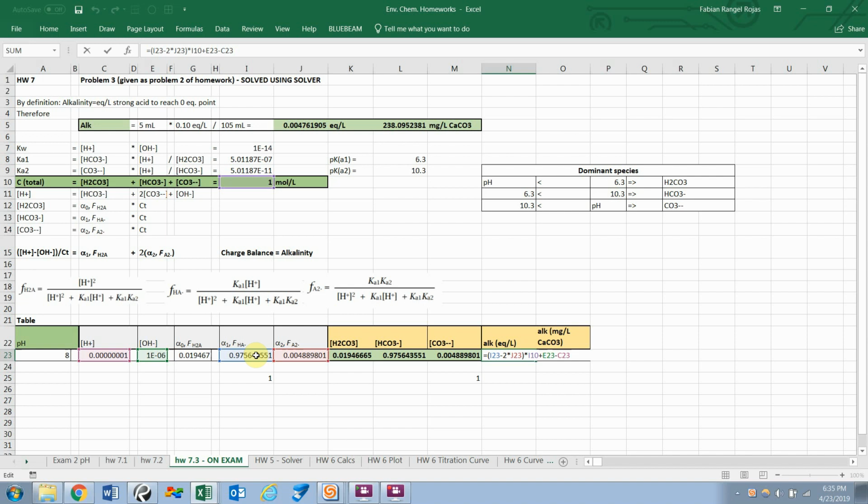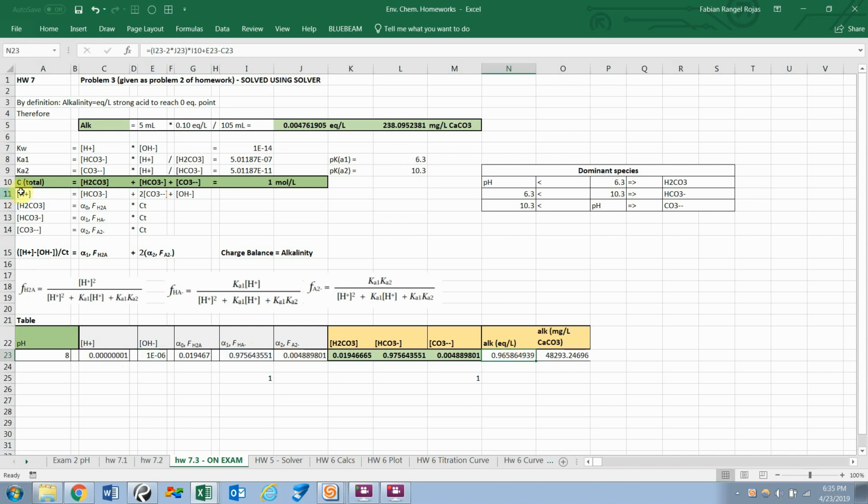I decided to do it using the alpha value. So I took the alpha value of HCO3 minus plus 2 times the alpha value of CO3 2 minus and multiplied it by my total carbon, and then I added OH minus and subtracted H plus. That's more of a complicated way to do it.